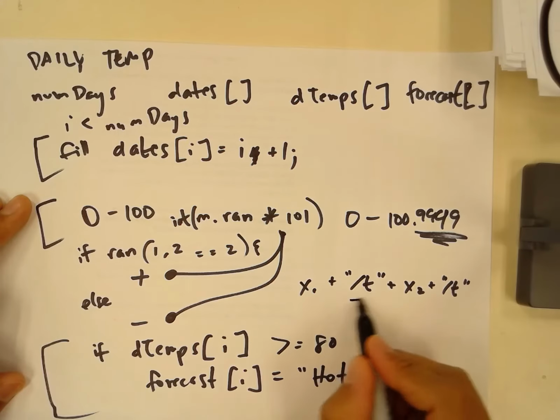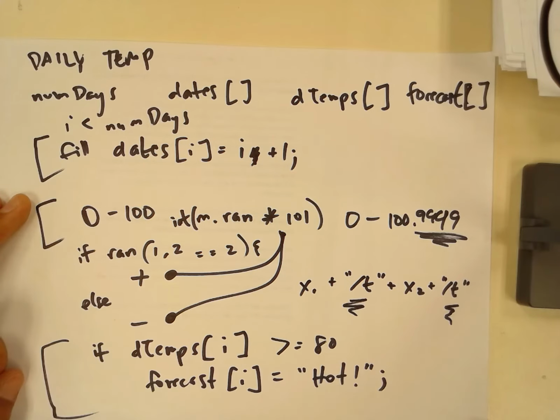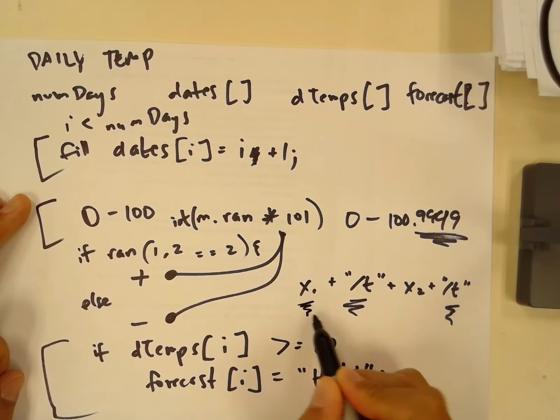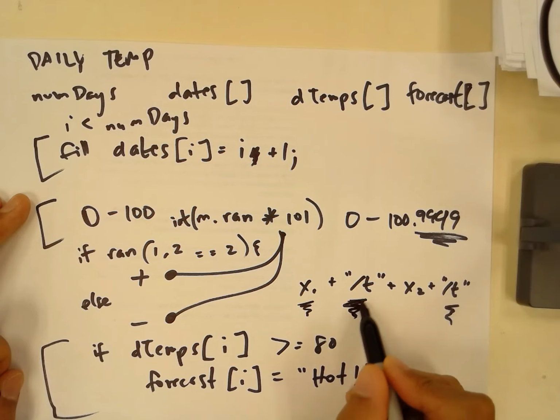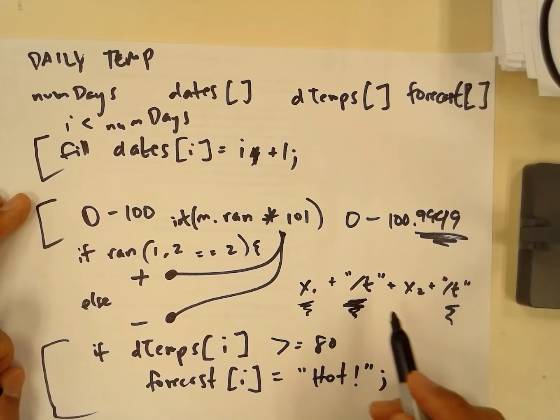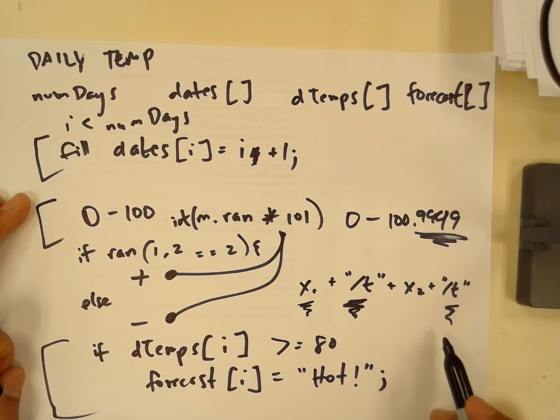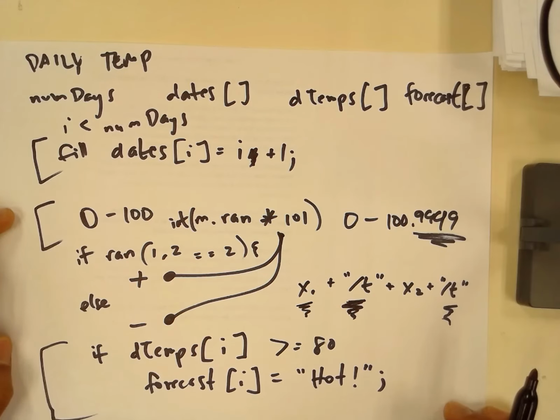The /t, if you remember from the problem set, makes it so that each column is, I believe, 5 spaces wide, and it will put this variable value to the rightmost spot of this 5-space column that is created by the tab. And for some of these values, I think you might need 2 tabs because they're getting bigger than the tab is. But that's pretty much it. That's how you print it out in columns. And yeah, that's dailyTemp.